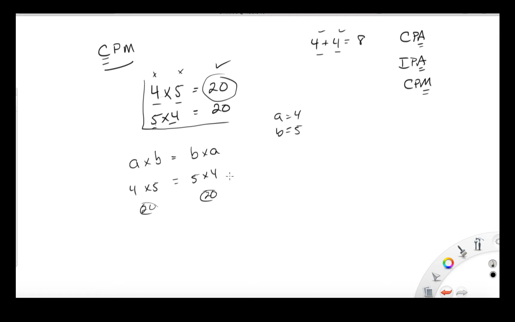So we can also have identity property of multiplication. Well, do you remember identity property of addition? We said that a number, let's say 2 plus 0, equals itself. Identity property of multiplication means this: it's a number times 1 equals itself.